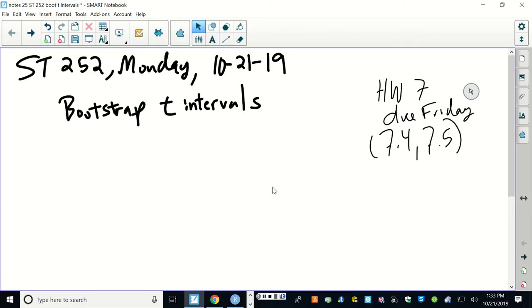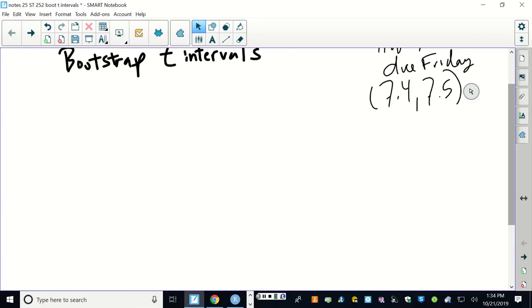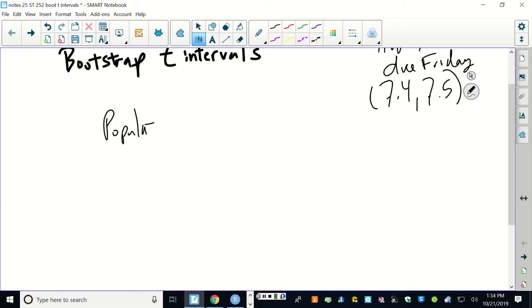So bootstrap intervals, the general problem that is always good to keep in mind is that we have a population we want to know something about. We want to know its characteristics, which are going to be encoded in parameters.